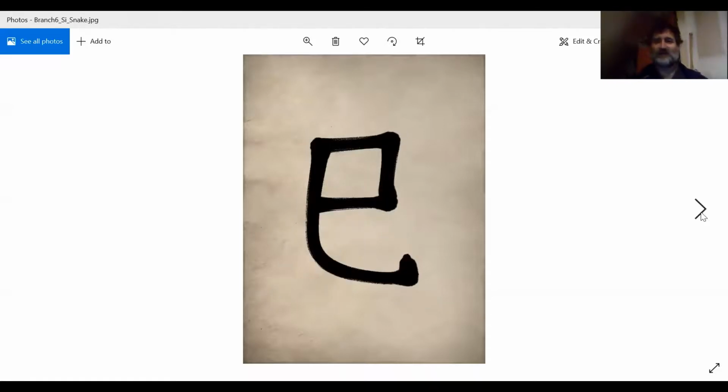Snake. So snake, we have a native yin fire. In one sense, snake is full yang, the heart of summer, the heart of the day, high noon. But it is a yin animal.